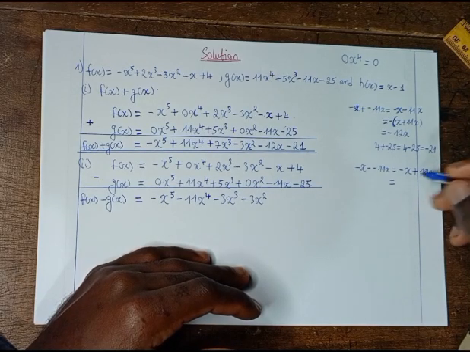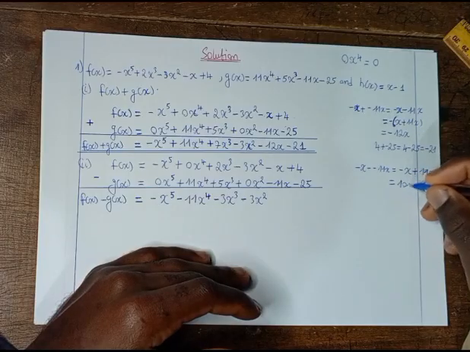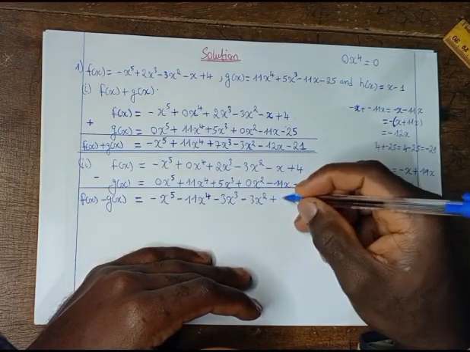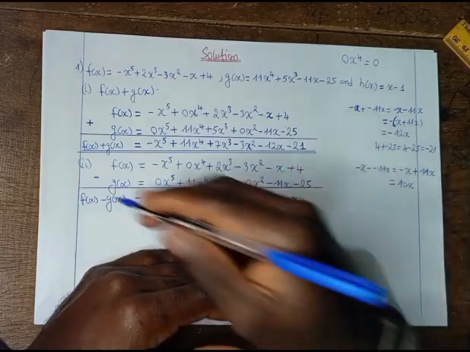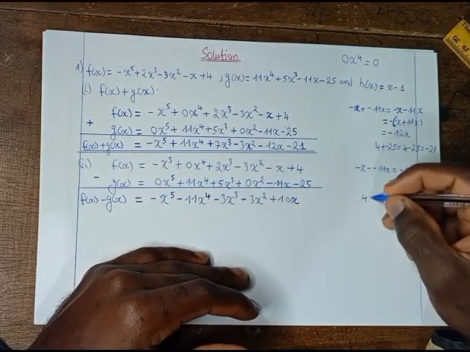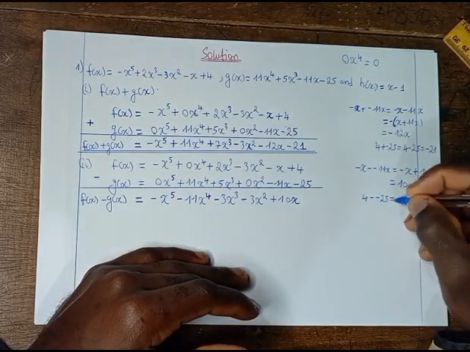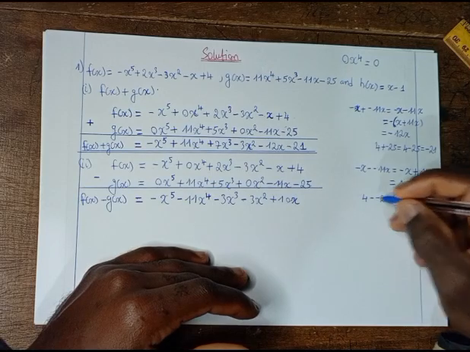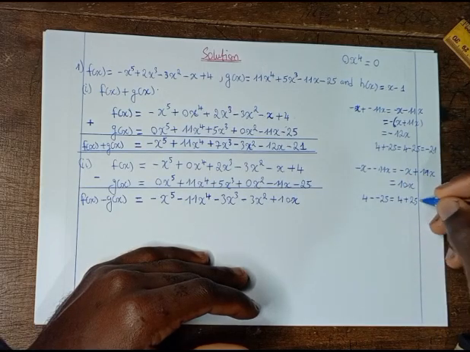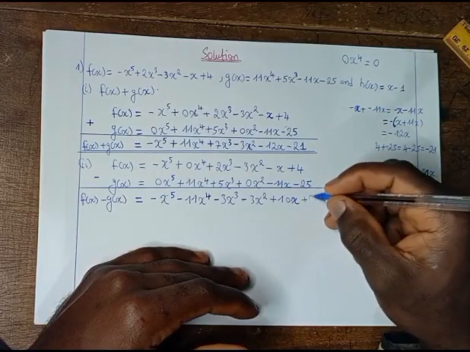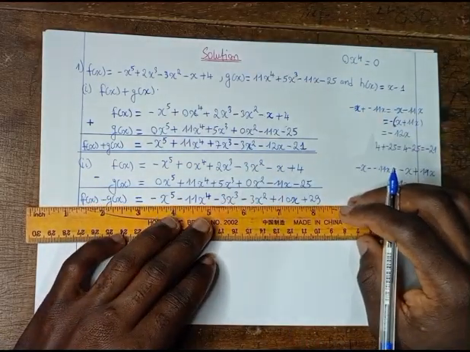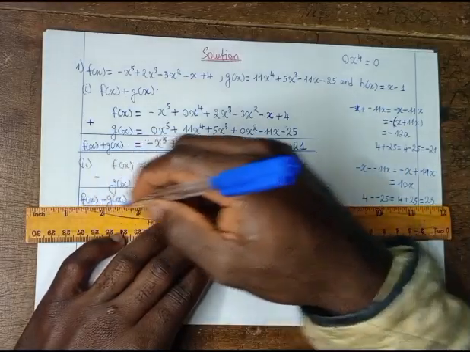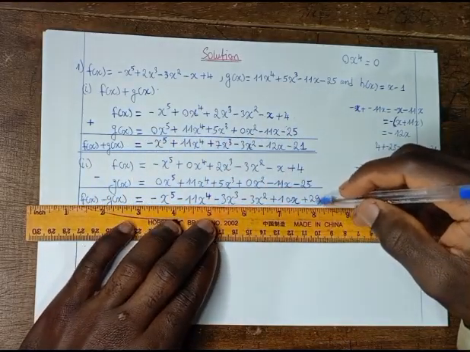This will be the same as 11x minus x, which gives us 10x. Next, 4 minus negative 25. Negative negative becomes positive. 4 plus 25 gives us 29. And we are done with the subtraction of the two polynomials.